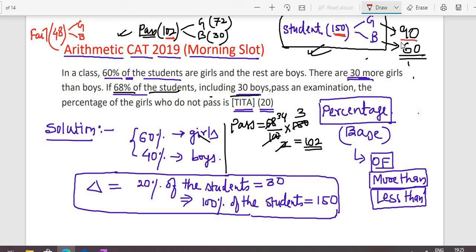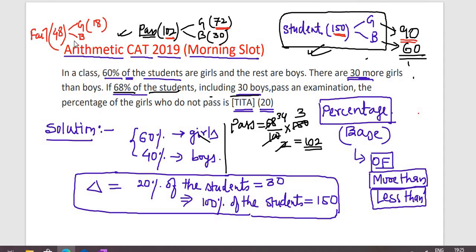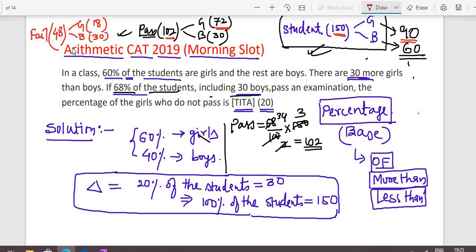Look at this, 90 girls is the total strength, out of which 72 are passing. The difference will be 18. 18 girls are failing. And among the 60 boys, we have 30 boys passing the exam, so the rest, 30, will be failing. So this is a complete distribution of passing and failing students.